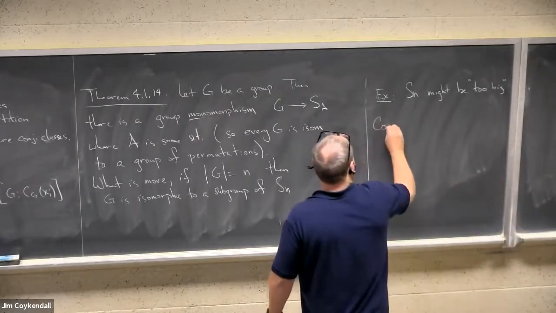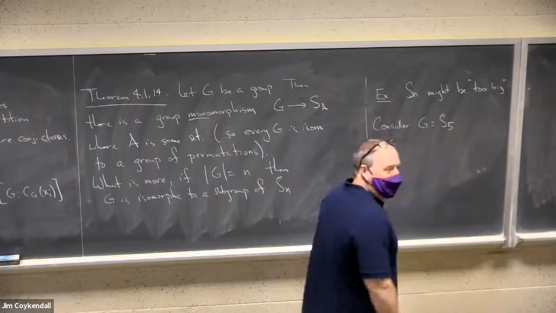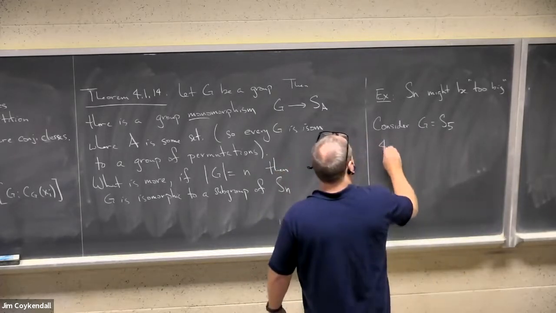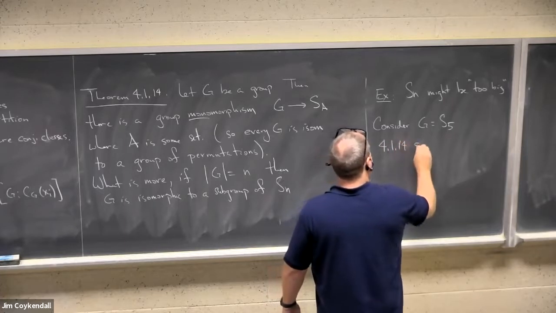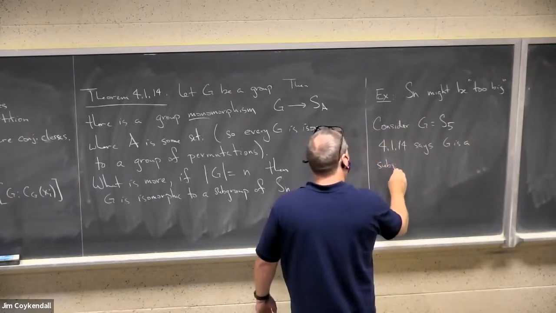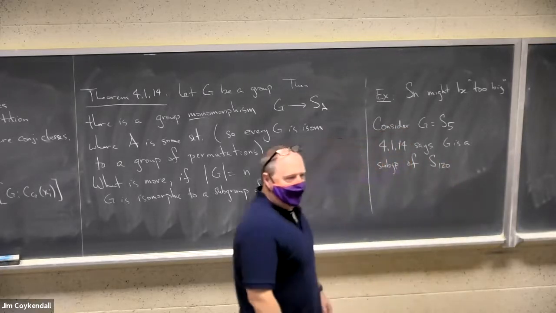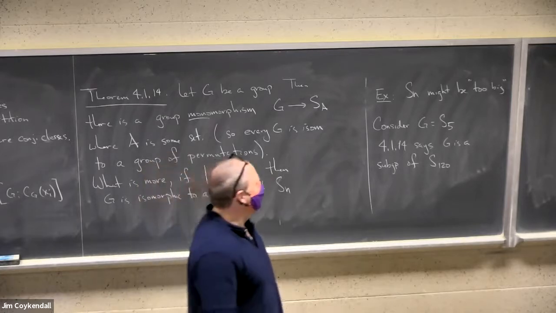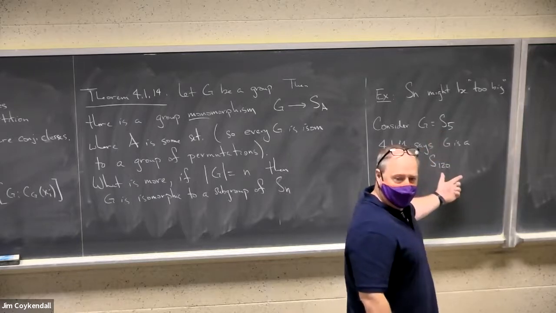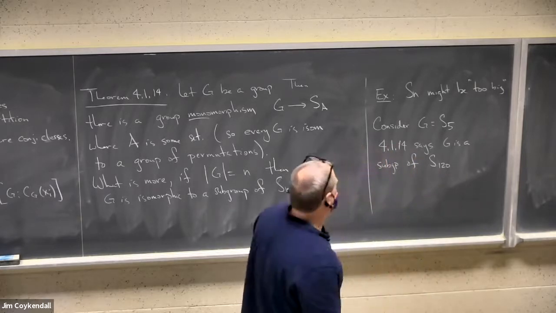Consider a group of order 5. The theorem says that G is a subgroup of S5, right? Which is really kind of ridiculous because things are already permutation groups in the first place. But I take a little comfort in the fact that you can do it.